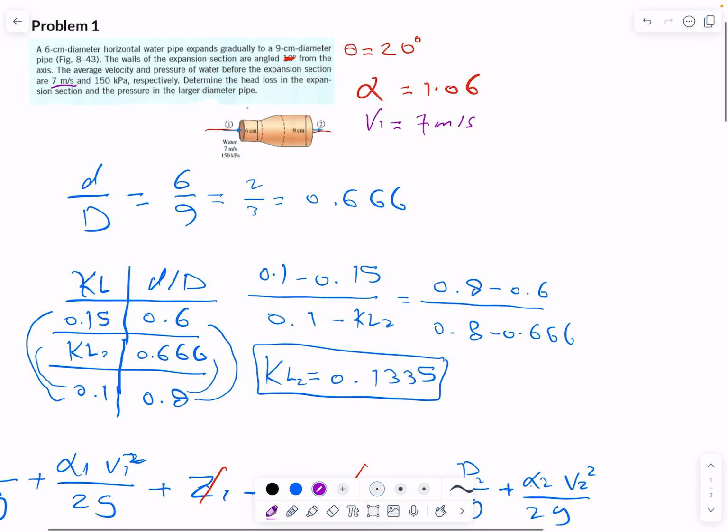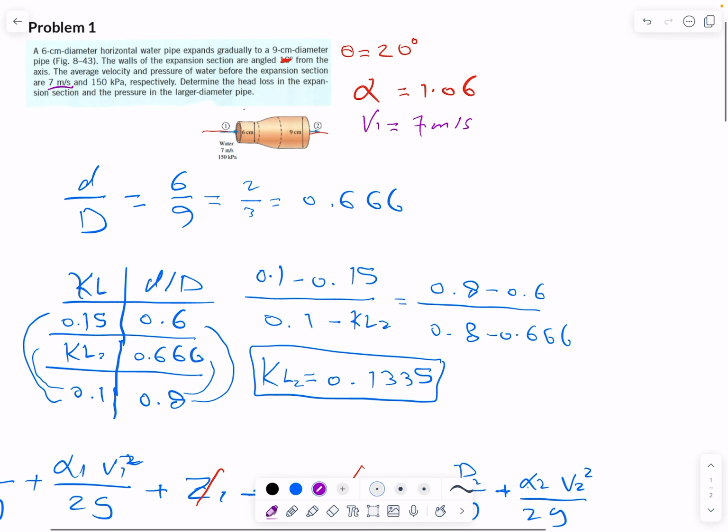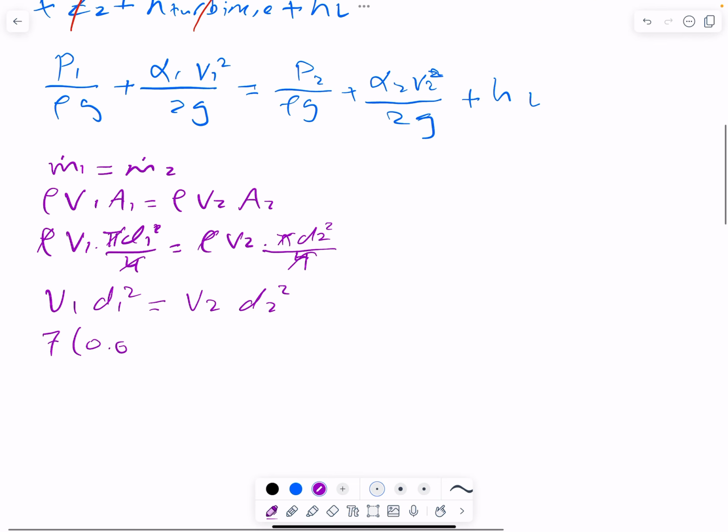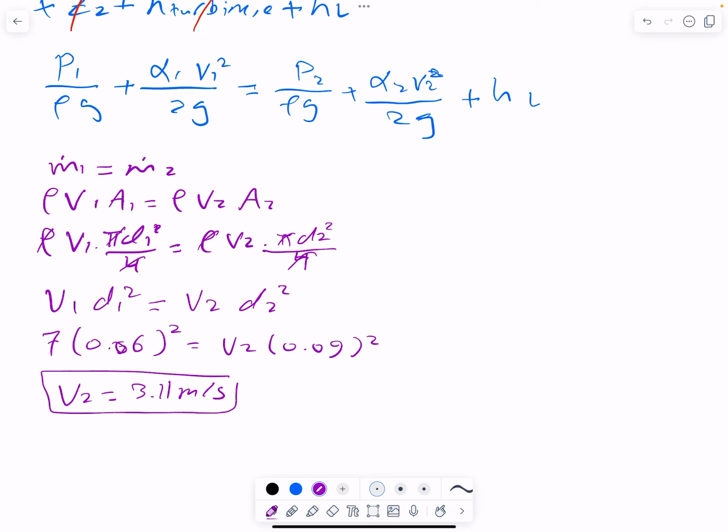D1 is equal to 6 and 9 for D2. So 0.06 squared equals V2 times 0.09 squared. So V2 will give you 3.11 meters per second.